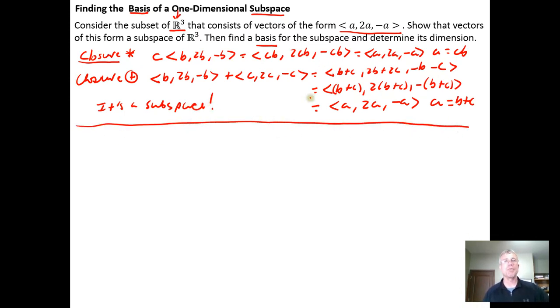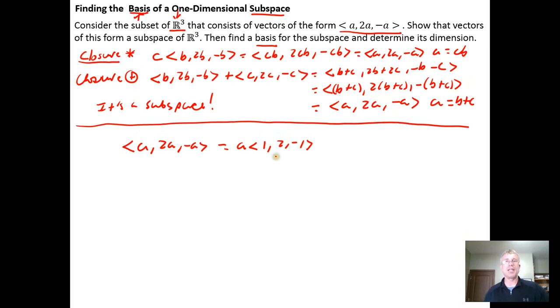Once we have demonstrated it's a subspace, it makes sense to find the basis of that subspace. The way that we do this is fairly straightforward. We say, here's the vector a, 2a, negative a, and I'm just going to factor the a out of this vector, and I get a scalar times (1, 2, negative 1).